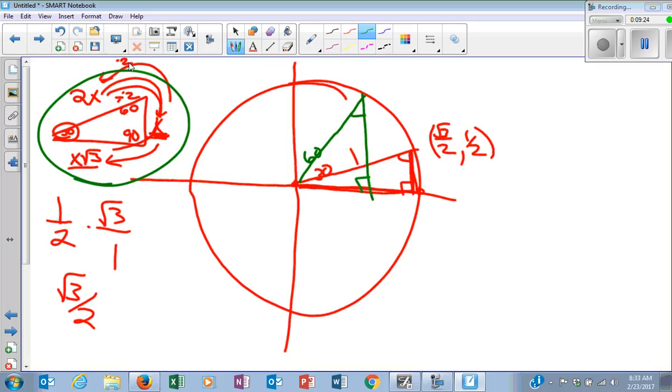No. This is now going to be across from the 30, which across from the 30 is still going to be a half. So my x now is going to be my half instead of my y. And my y is going to be square root of 3 over 2. Because all I've done is I've taken and rotated this same exact triangle. Does that make sense?